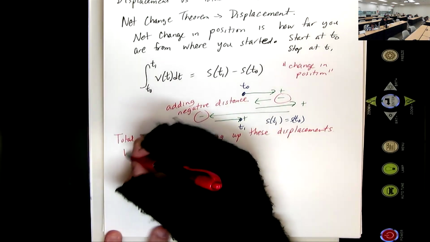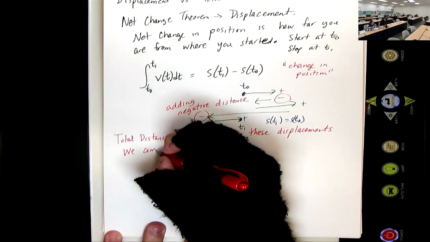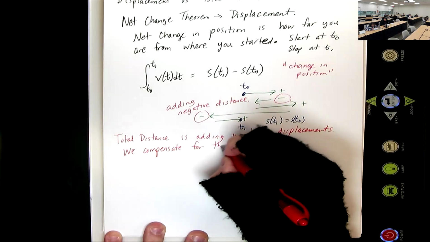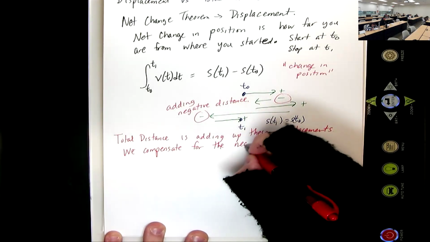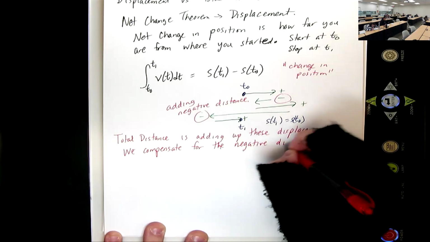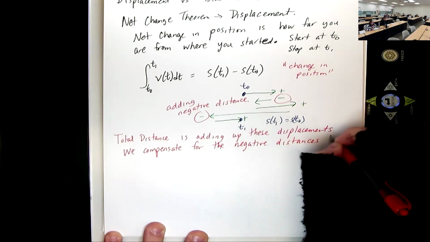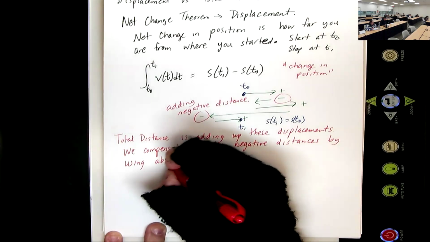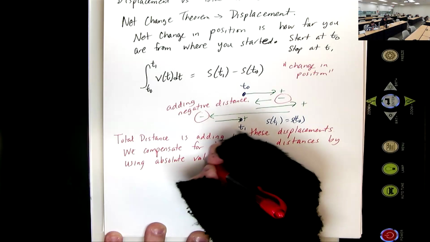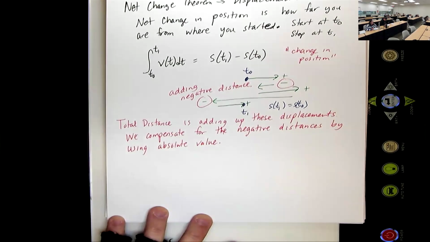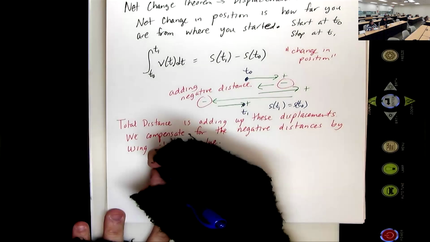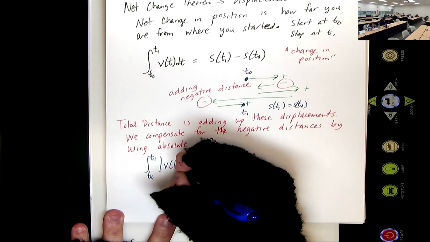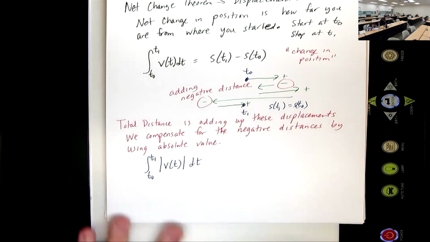We compensate for the negatives by absolute value: the integral from t0 to t1 of the absolute value of v of t dt.